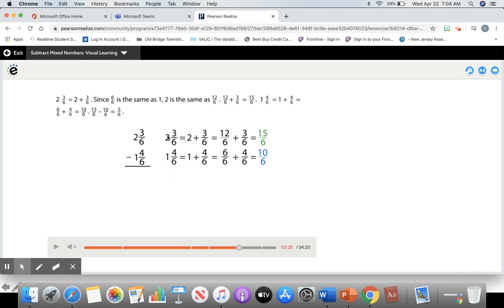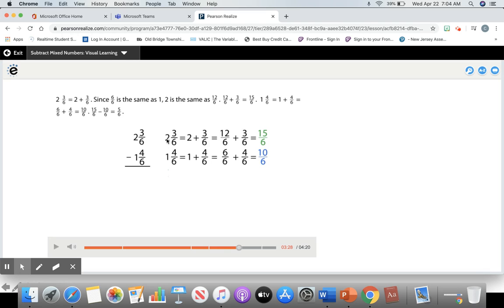So you multiply this big number on the outside, your whole, times the denominator. So 2 times 6 gives you 12, and then you add the extra parts. So really also what they did was 6/6 plus 6/6 plus 3/6. So it's that repeated addition.